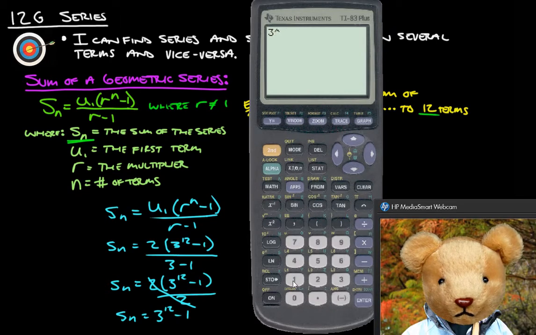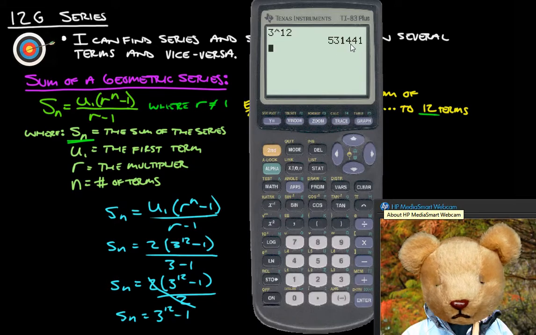3 to the 12th power gives us a big number, 531,441. Okay, so then we actually got to subtract 1 from that.